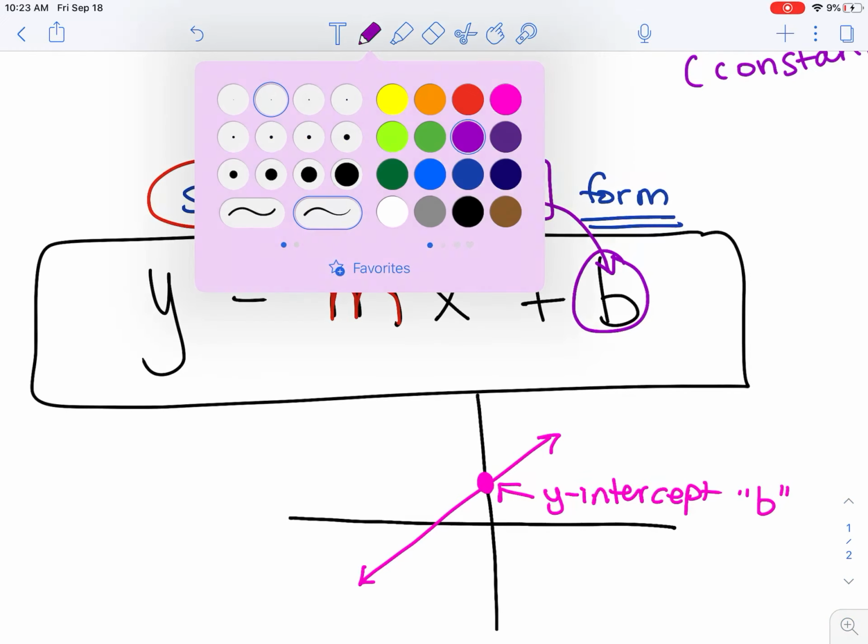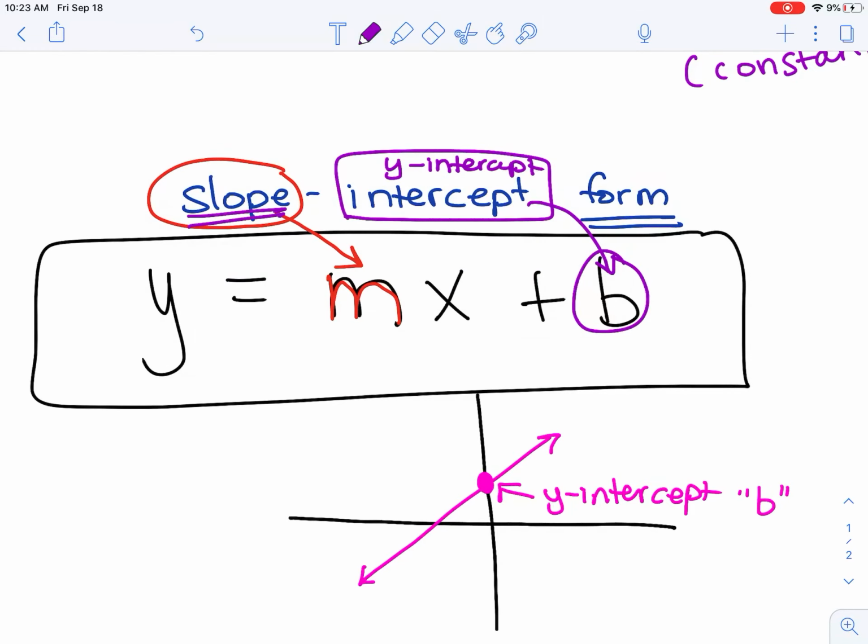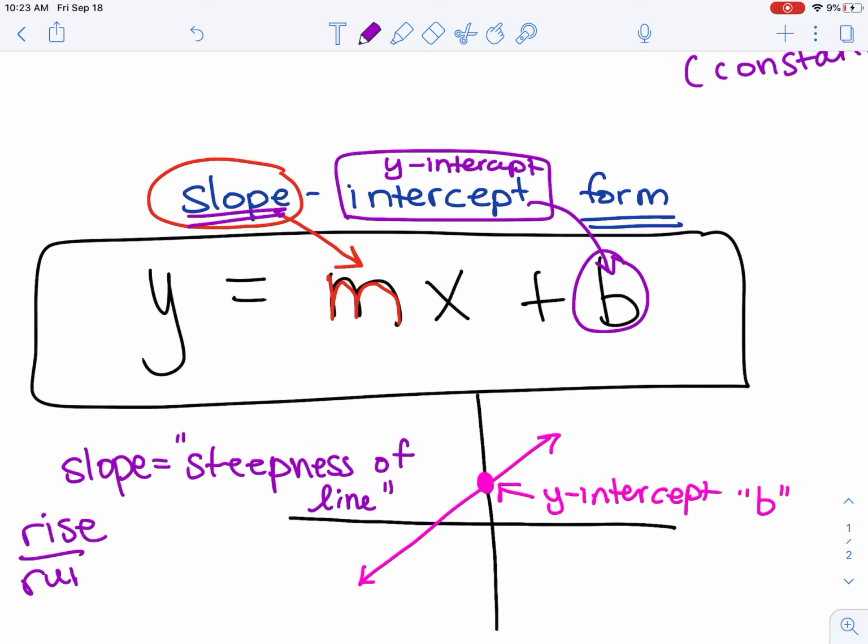And the slope, the way we describe the slope is, remember, the steepness of a line, okay? Some people call it rise over run because we know it's the up and down value, or the change in the up and down value over the change in the x value.